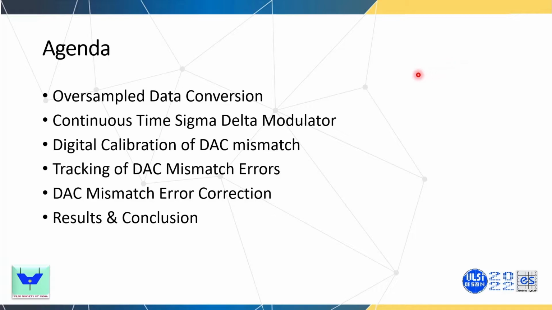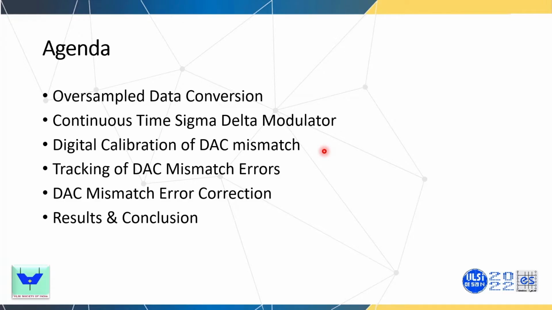The agenda of my presentation is as follows. I'm going to talk about oversampled data conversion and the merits of using sigma delta conversion, especially continuous time sigma delta modulators. We'll talk about the impairments in the feedback DAC and how to get around those impairments. I'll discuss a few contemporary techniques.